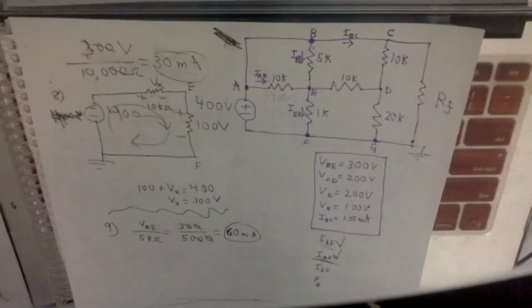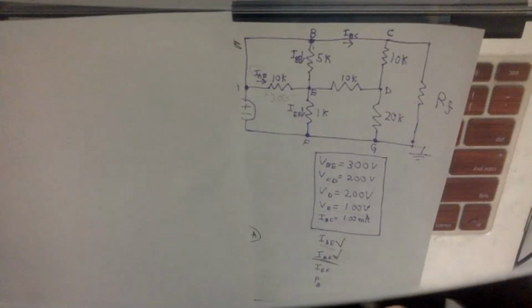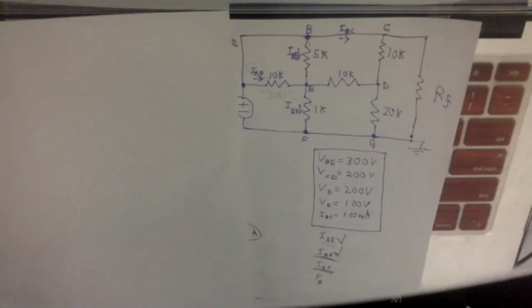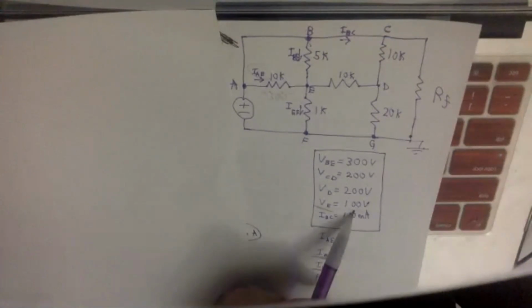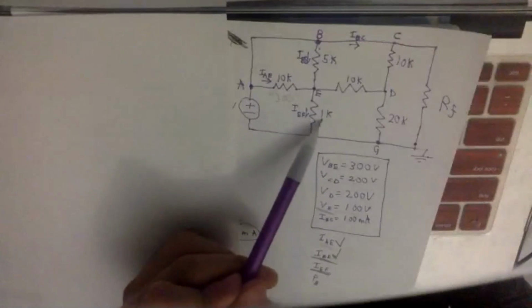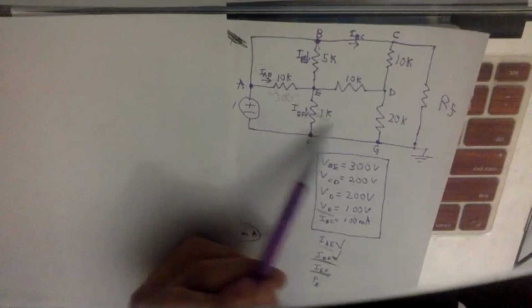So moving on to number 10, right? We're trying to find IEF, same exact process. They give us VE right here. So we have the voltage. We know the resistance is going to be 1K, right?